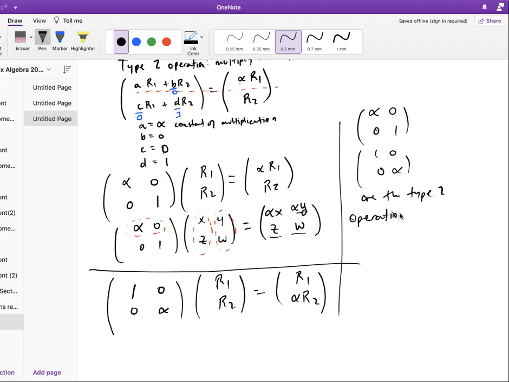Again, this is for 2 by 2. We'll try to think about what 3 by 3 would look like. So it's alpha row 1, so we might have written this as row 1 to alpha row 1, or row 2 to alpha row 2. Okay, so any questions on that one?